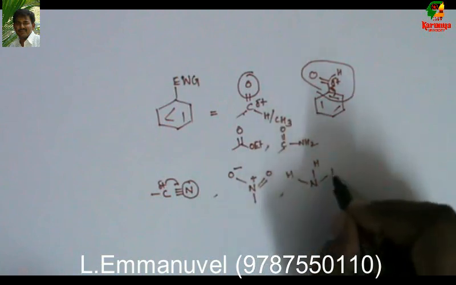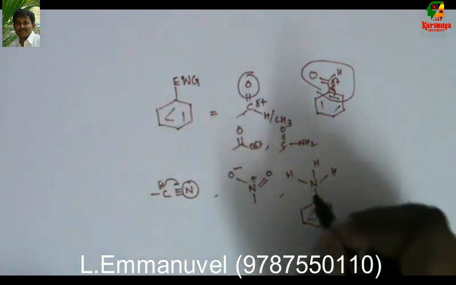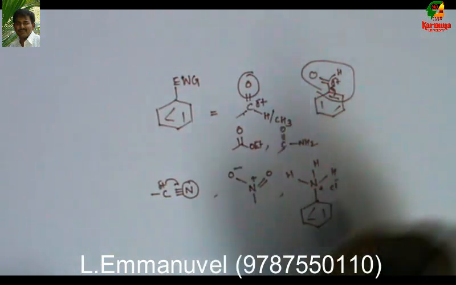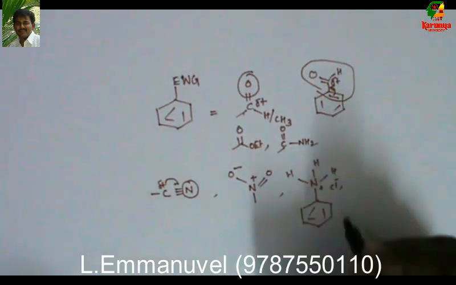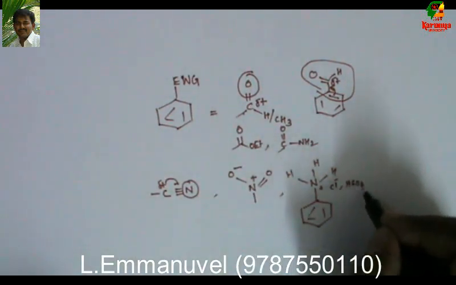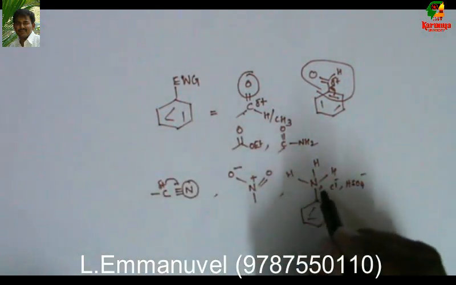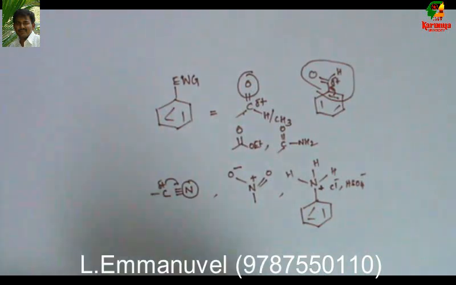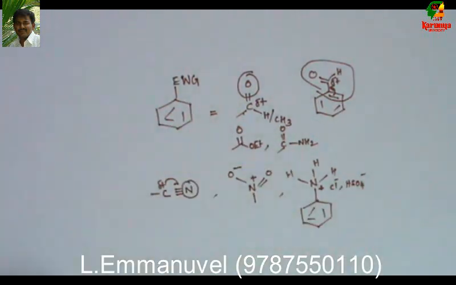Even a system like this, this is the salt formed between aniline and HCl or some other counter ion like HSO4 minus. Here there is a plus charge on this atom. Because of that, the electron density from the aromatic ring is pulled.